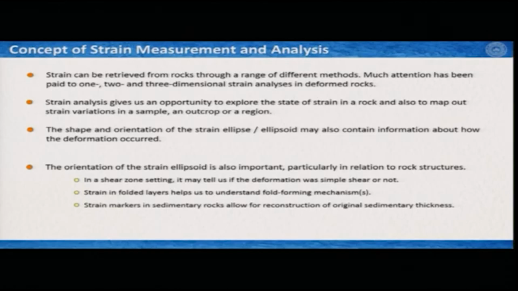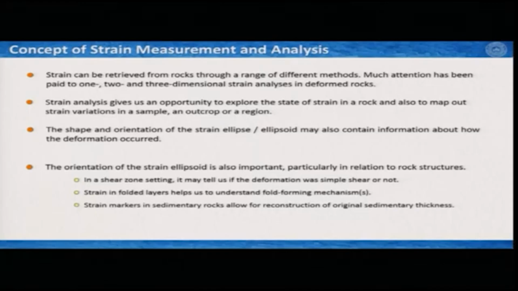So the primary aim of strain analysis is to measure the strain of the rock. This gives you an opportunity to explore the state of the strain in a rock and also to map out the strain variations within a sample or in an outcrop or a region.